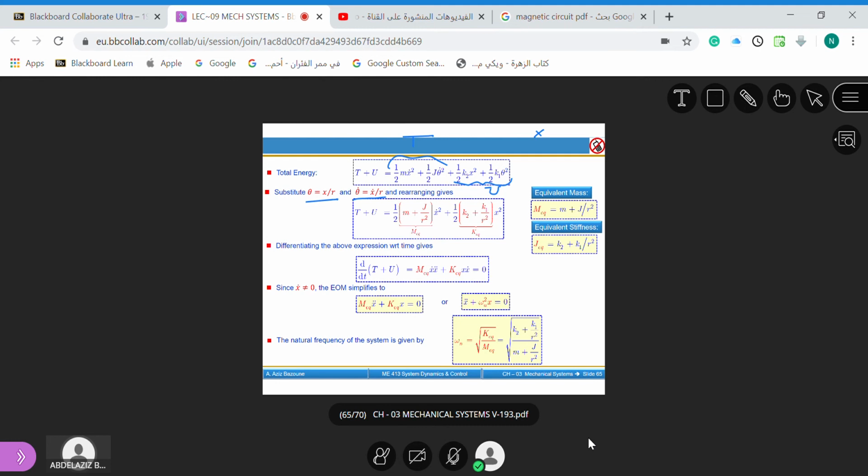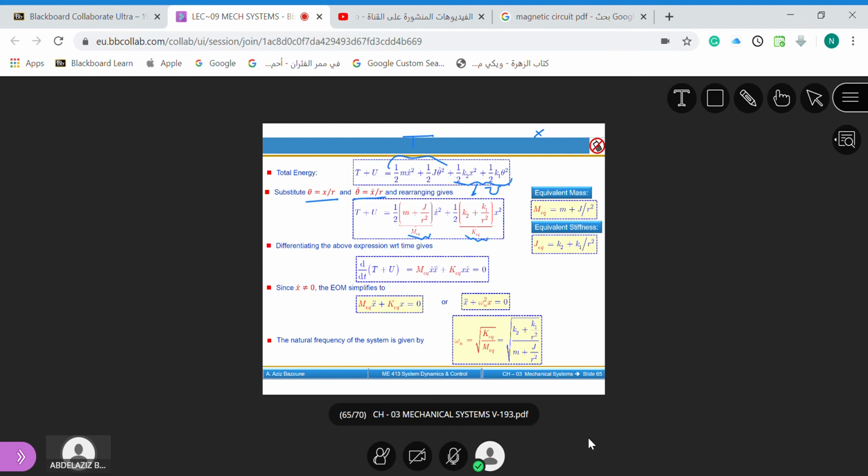This is the equivalent mass. Theta can be replaced by x over r, and I will have half k equivalent, which is K2 plus K1 over R squared. So this is the K equivalent, and this is the mass equivalent.